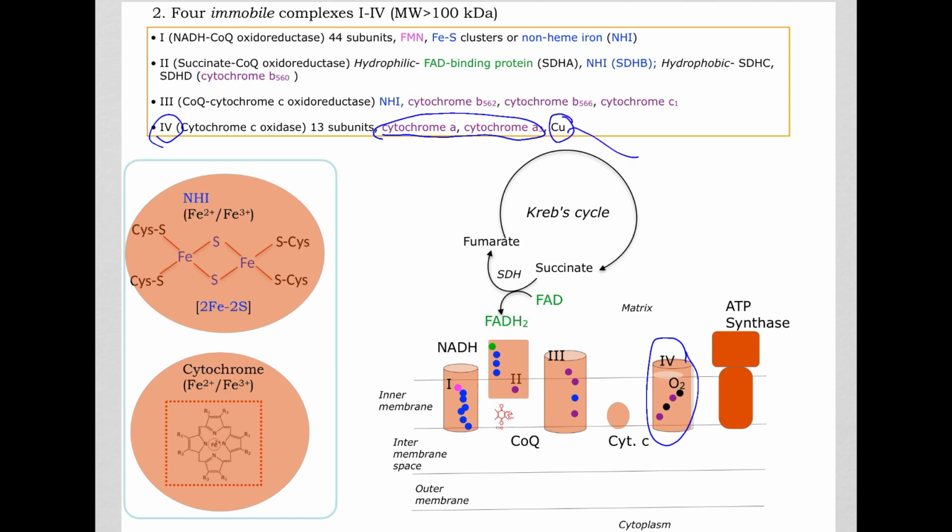So that's interesting, that we actually require copper, which plays a very important role in transferring electrons to the oxygen. So we have copper in complex number 4.